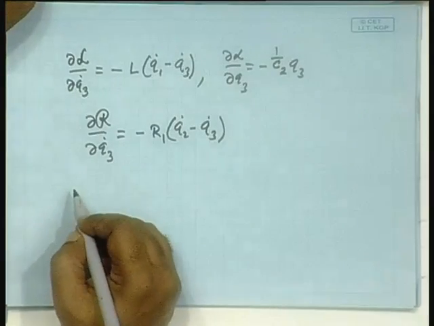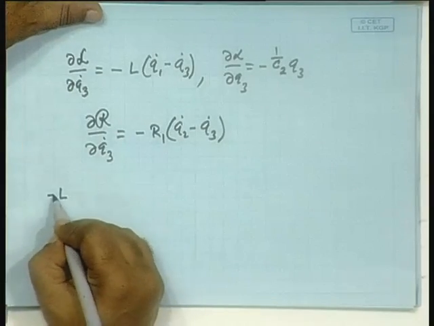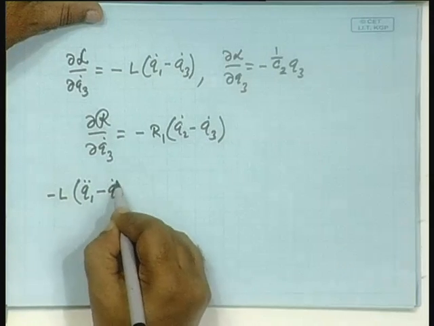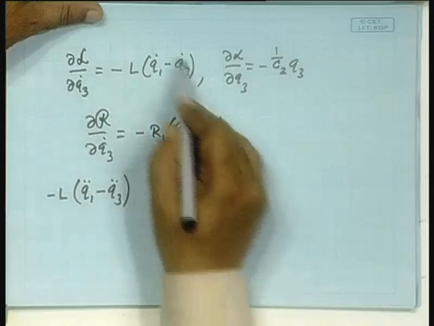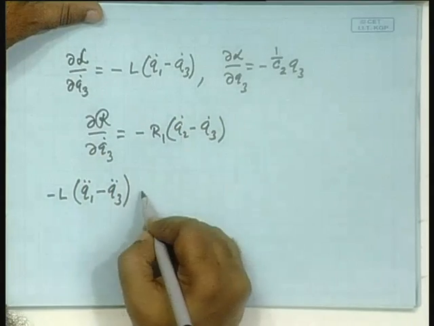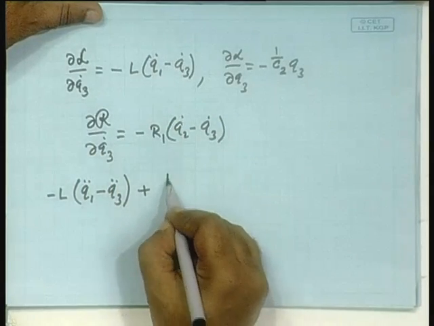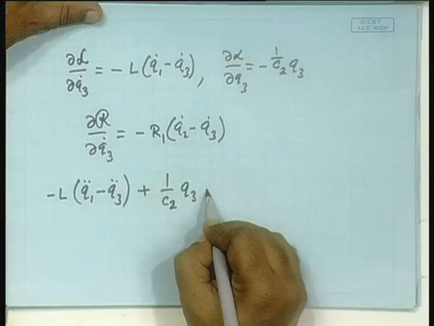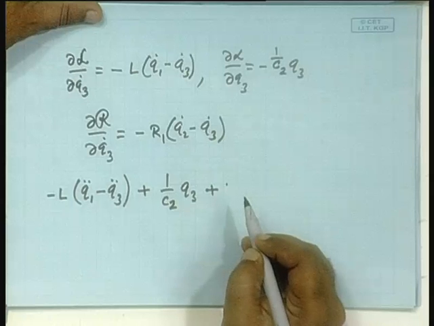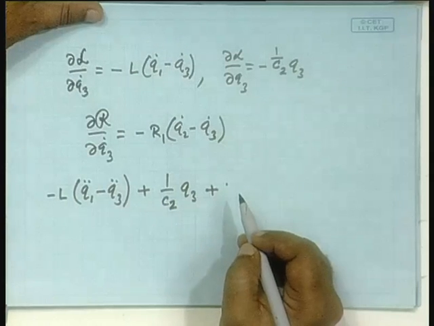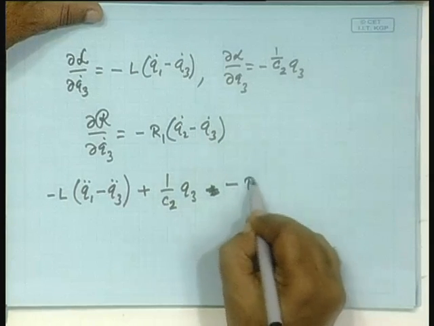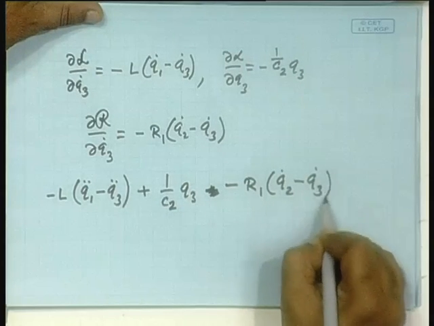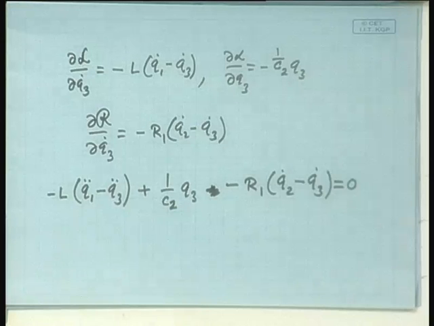So, now the equation becomes minus L Q1 double dot minus Q3 double dot, derivative of this with respect to time, this plus 1 by C2 Q3 plus or minus R1 Q2 dot minus Q3 dot. So, that is the equation then.